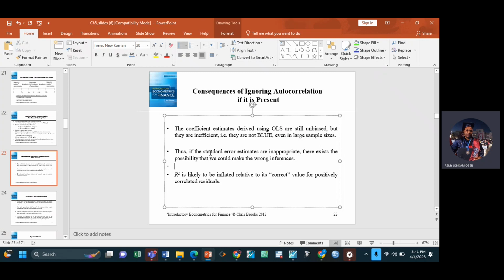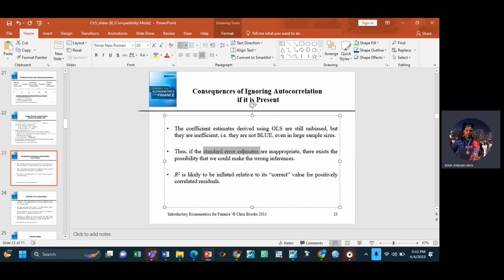Therefore, if standard error estimates are inappropriate, there exists the possibility that we could make wrong inferences. I already explained this statement previously, right? Because in order to make inferences, we do hypothesis testing. We use t-statistics to do hypothesis tests, and to calculate t-statistics, we divide the coefficient by the standard error. So if the standard error is wrong, the t-ratio will be wrong.